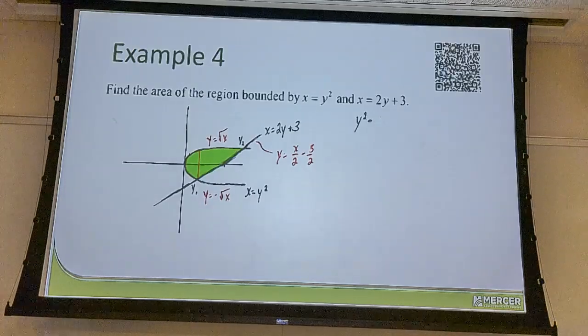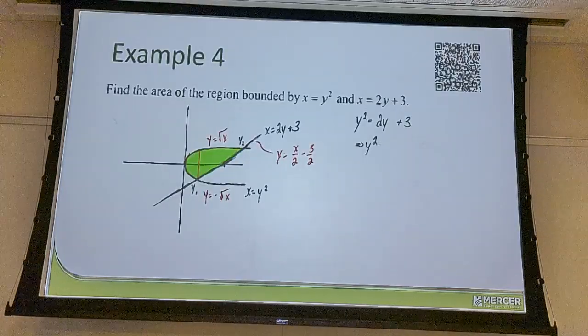Wouldn't you just do the same thing? So you have two curves equal to each other and solve. Why did I do 2y squared? Can we factor that with integer coefficients?